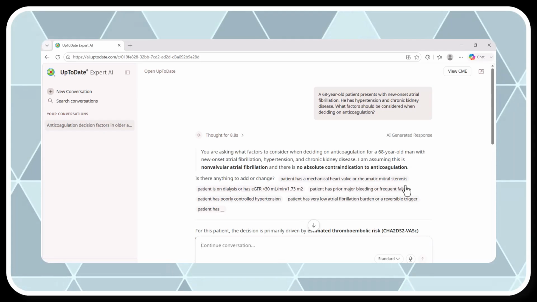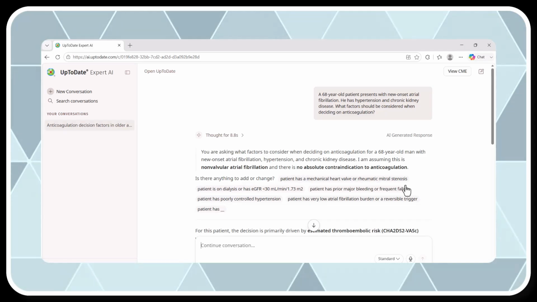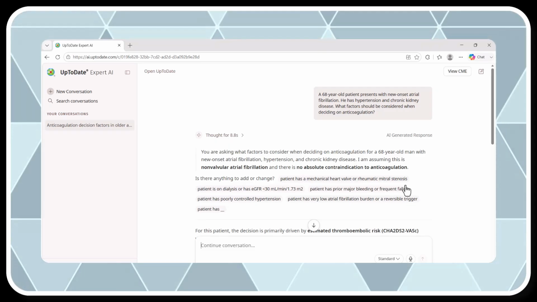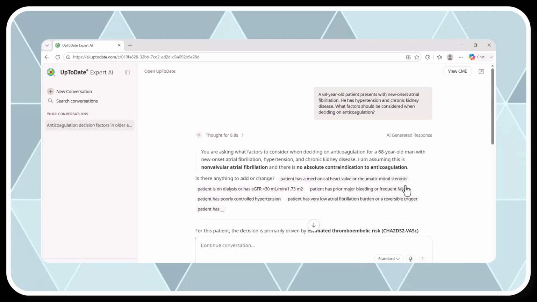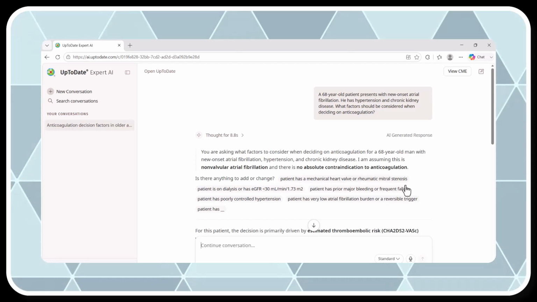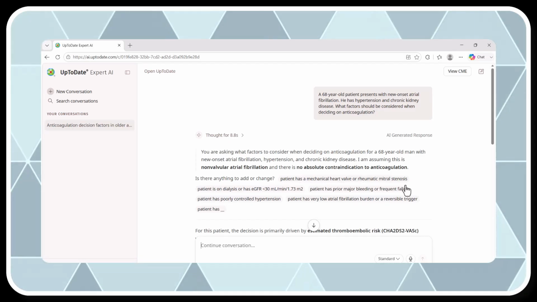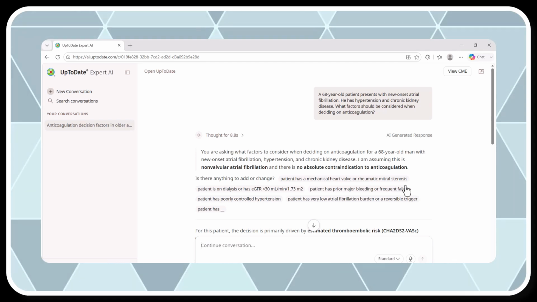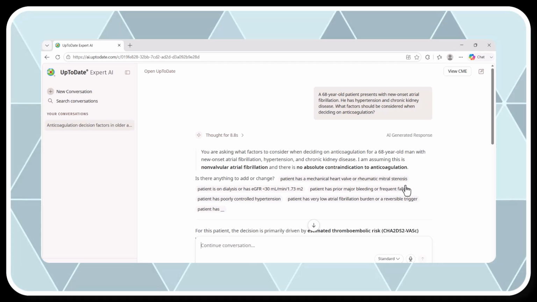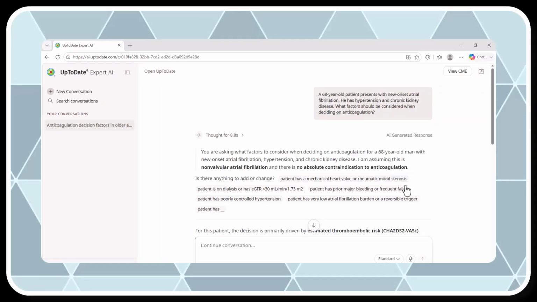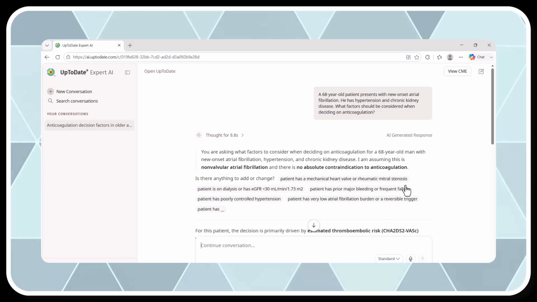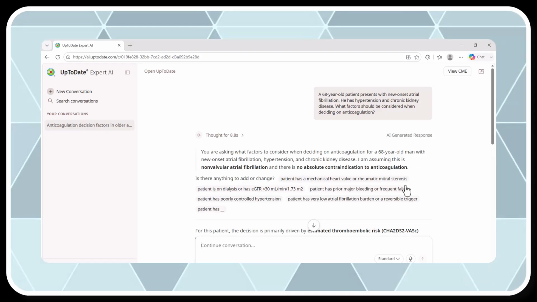But there is something even more interesting. Expert AI then states, "I'm assuming this is non-valvular atrial fibrillation and there is no absolute contraindication to anticoagulation." This is an important part of the Expert AI workflow. The original question did not specify all of these details.